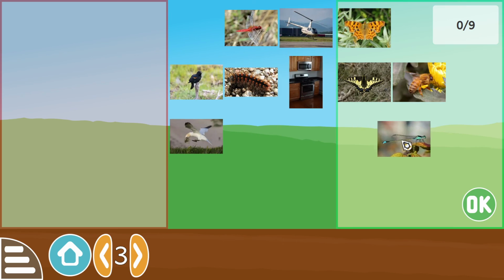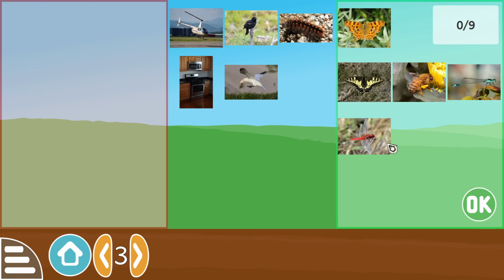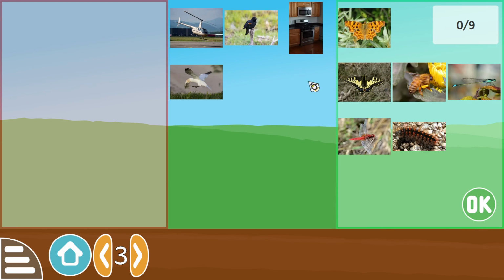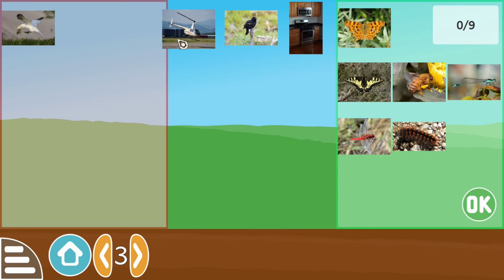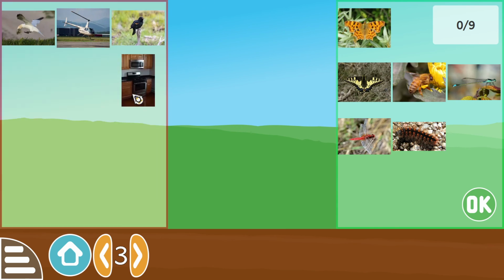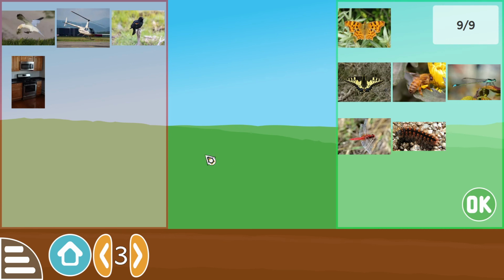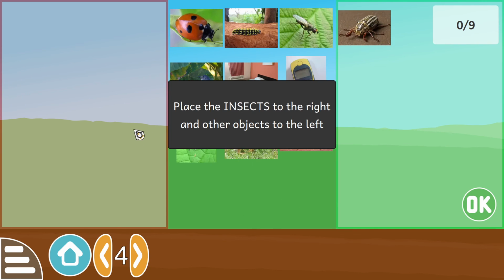Butterfly, the dragonfly with its wings out, and caterpillar, I think, or type of caterpillar. Bird, helicopter, another bird, and kitchen is not going to be an insect.